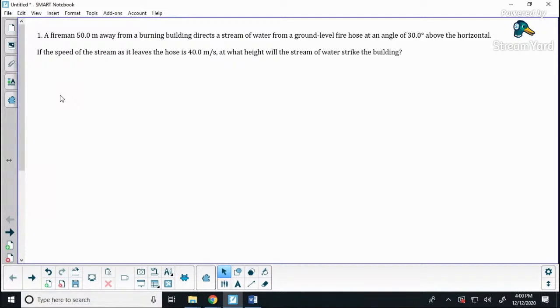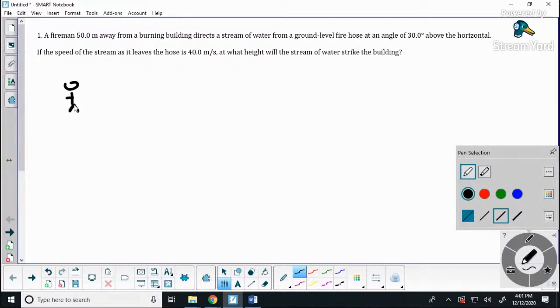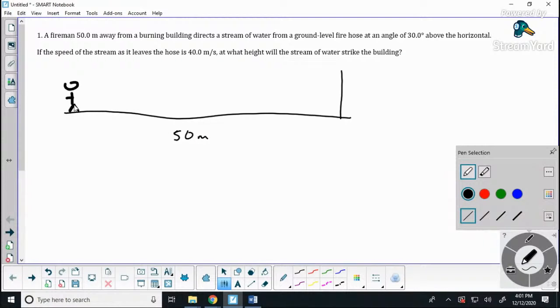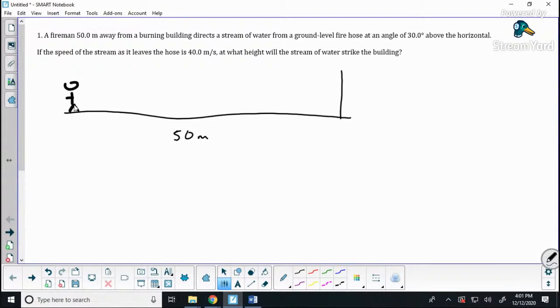Okay, so as I always instruct my students, draw a diagram anytime you're given a word type of problem. So I've got my fireman, very badly drawn, but he is 50 meters away from some type of building. So this is my 50 meters. Directs a stream of water from a ground level fire hose.